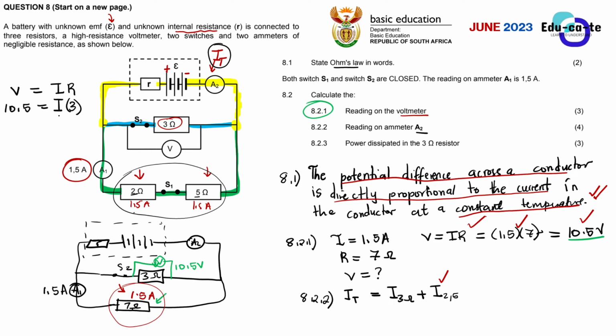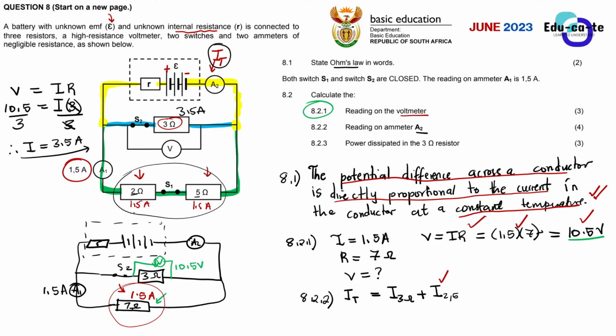We just divide both sides by 3 so that we can get our current. Our current would be equal to 10.5 divided by 3. That will be equal to 3.5, and we measure it in amperes. We have got units, guys. Don't just write 3.5 only, write 3.5 amperes. So the current through this 3 ohms resistor, we now know it's 3.5 amperes.